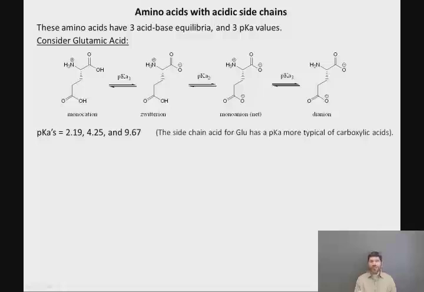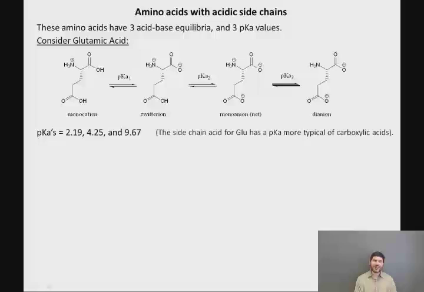Make the pH more basic, you deprotonate both carboxylic acids to give a net monoanion. And then as you make the pH even more basic and past the 3rd pKa, the positively charged amine gets deprotonated, and that gives the dianion.